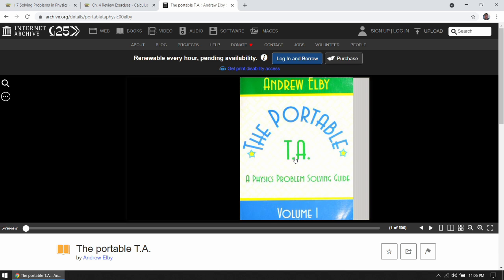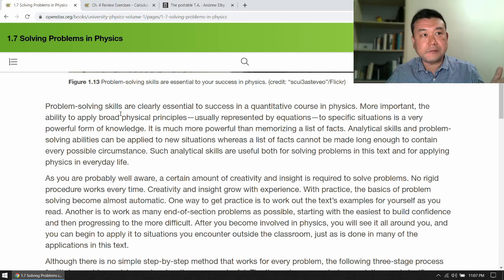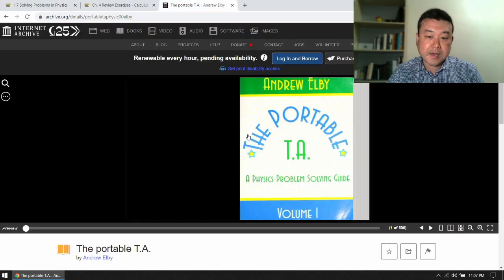The reason this is one of the main resources for this class is that with problem solving, as your textbook says, there isn't one set of steps that'll work for every problem. It's a more general soft skill that you will have to develop. One of the best ways to develop skills like that is by looking at lots of examples. Your homework questions will provide some of these examples, and The Portable TA is one place where you will see a lot of examples with the solutions provided by the author.